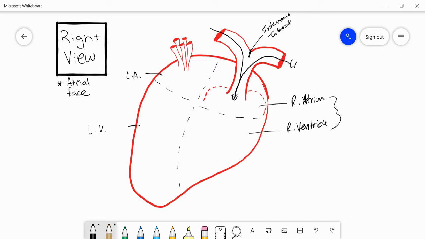And on this side, we have the cranial Vena Cava and the caudal Vena Cava right over here. Perfect. And the ridge that they form when they merge, it's going to propel and push the blood downwards into this little opening near the right atrium.